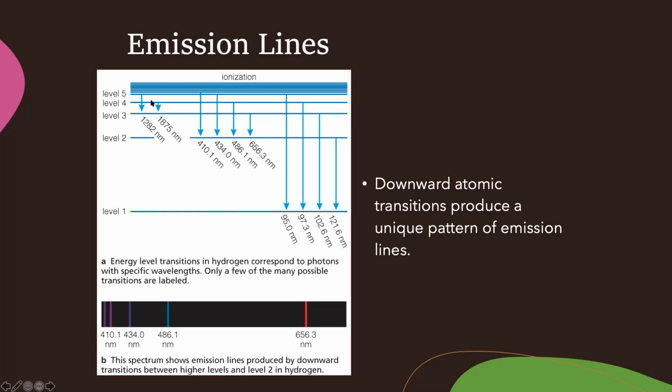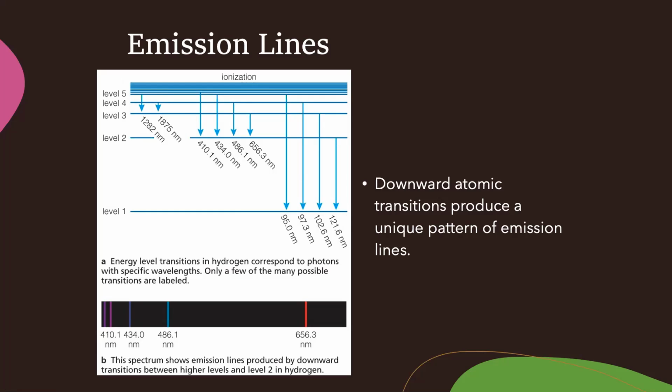And maybe it goes from 5 to 4, and then from 4 to 3, and then from 3 to 2, and 2 to 1. Or maybe it goes from 5 to 3, and then from 3 directly to 1. Or 5 to 4, and 4 to 1. Or 5 to 4, 4 to 2, and 2 to 1. There are all these different pathways for that electron to get back to the ground state.